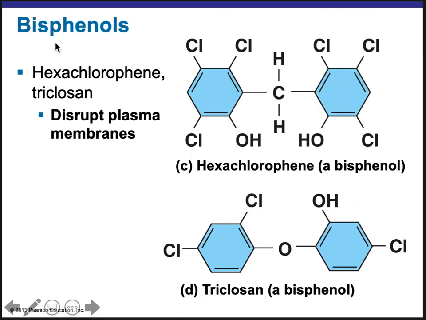Then we have bisphenols, the hexachlorophene, which the brand name is triclosan. This is still disrupting the plasma membrane, so it's the same mechanism, different chemical. Okay, so hexachlorophene and triclosan.